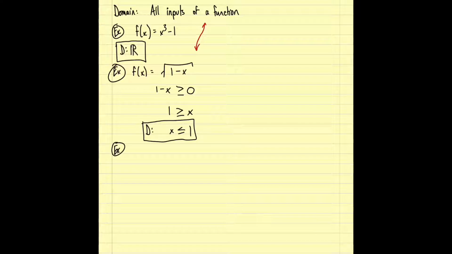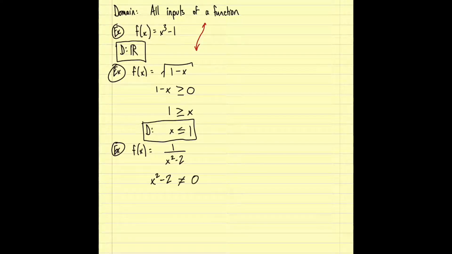If we look at f of x equals 1 divided by x squared minus 2. Well, this is a denominator. So that's our situation there. So the denominator can't be 0. So these are a little bit easier because all I like to do is take that denominator. The only thing it can't be is 0.